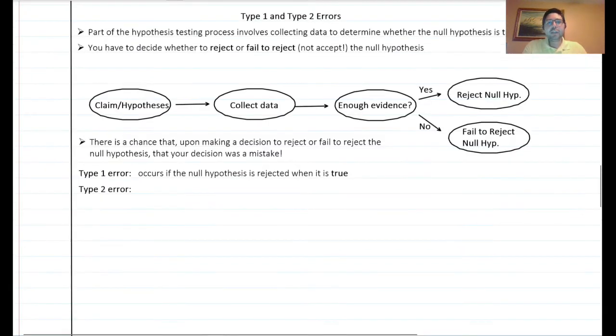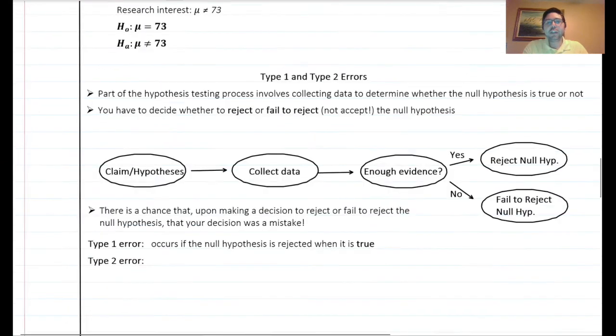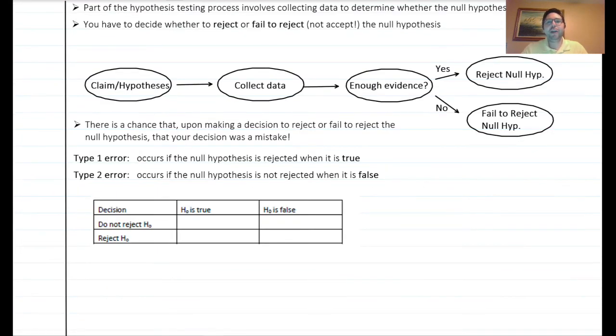So a type 1 error occurs if the null hypothesis is rejected when you shouldn't have rejected it. So it was actually true, but you rejected it. That's a type 1 error. A type 2 error occurs if the null hypothesis is not rejected when you should have rejected it, meaning that it was actually false, but you failed to reject it. That's a type 2 error.